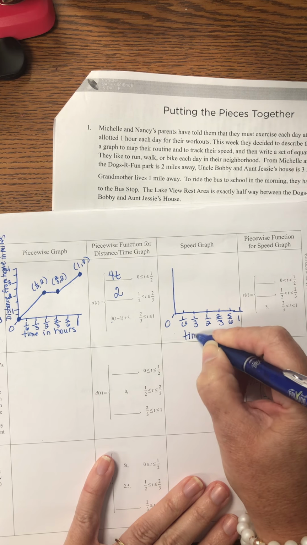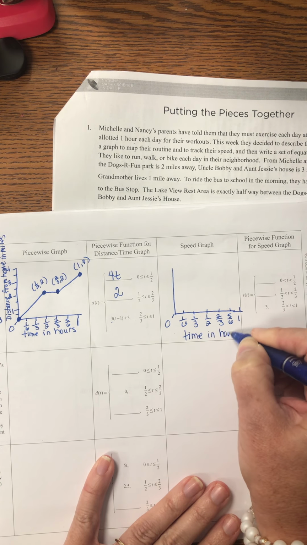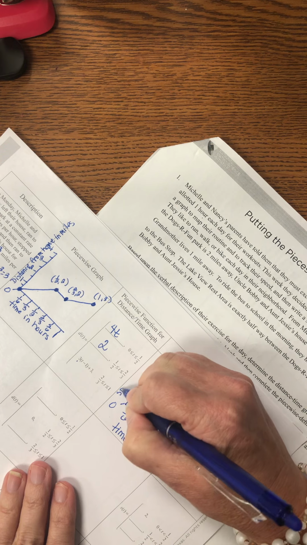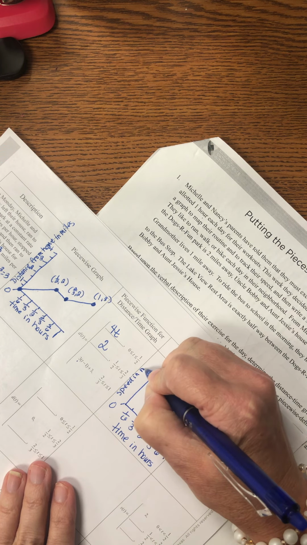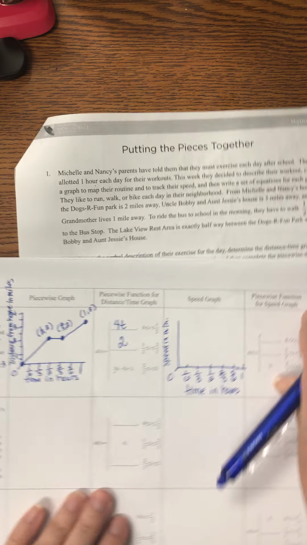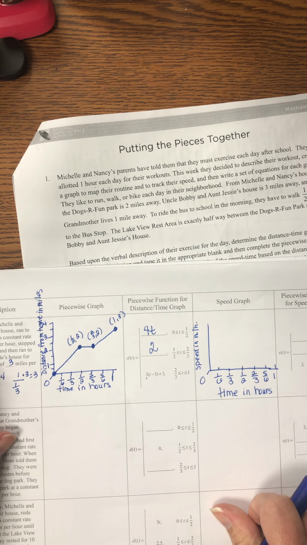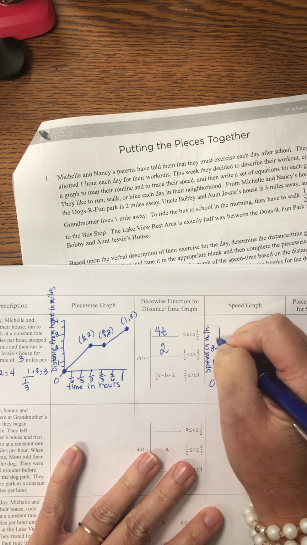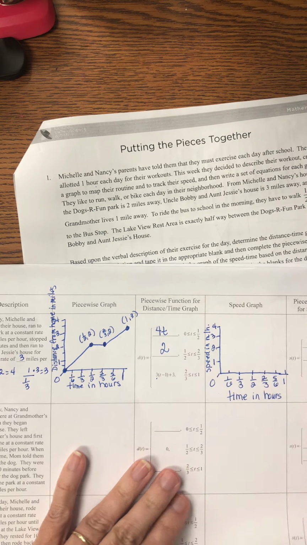So this is my time in hours still. Now y this time is not going to be the distance from home, it's going to be our speed. So our speed in miles per hour. Okay, so we're going from 0 to 4 miles per hour, so let's do 1, 2, 3, 4.